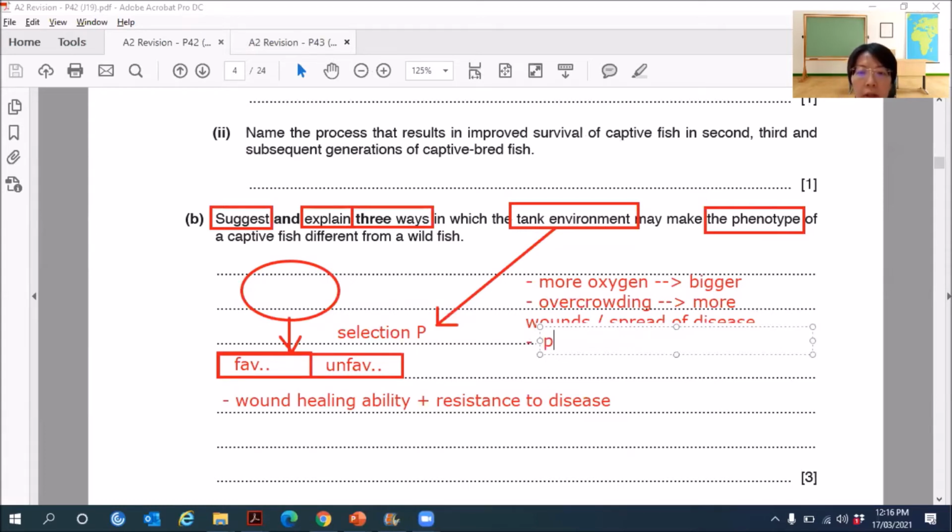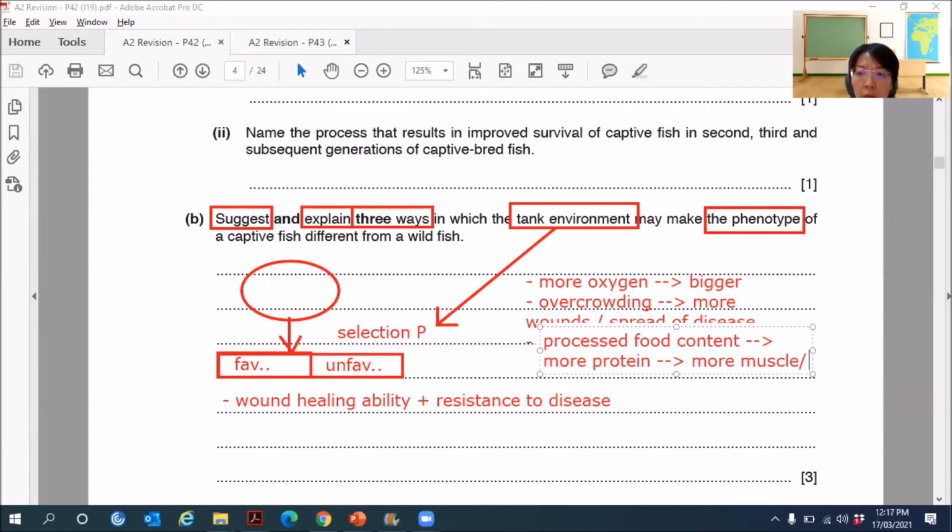They also say they feed with processed food. Processed food is also an environmental factor. Depending on the processed food content, if the processed food has more protein, it will lead to more muscle formation.